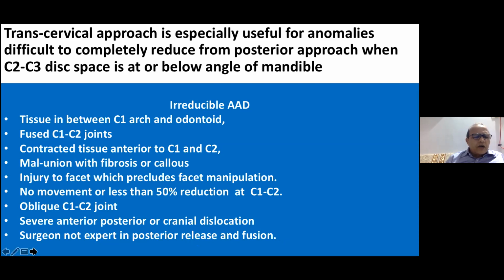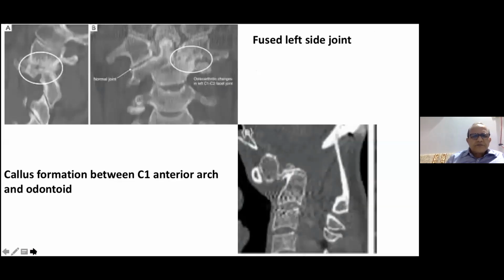So, but if you are not interested or reluctant to operate from posterior side, then anterior approach is an alternative. So these are some of the examples. On left side, you find that C1, C2 facet joint is fused. So this causes difficulty in reduction.